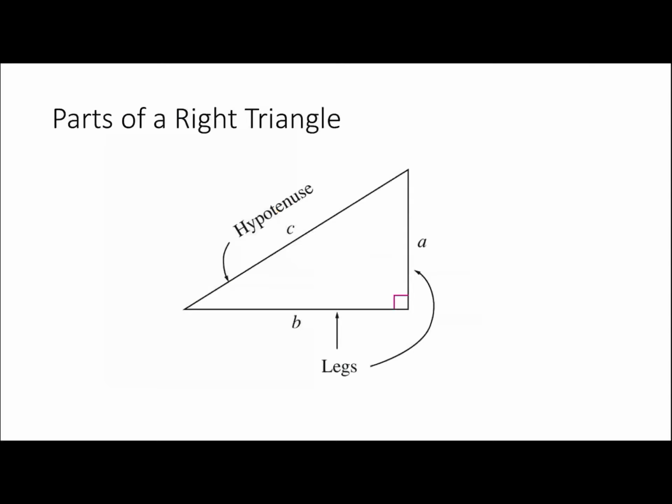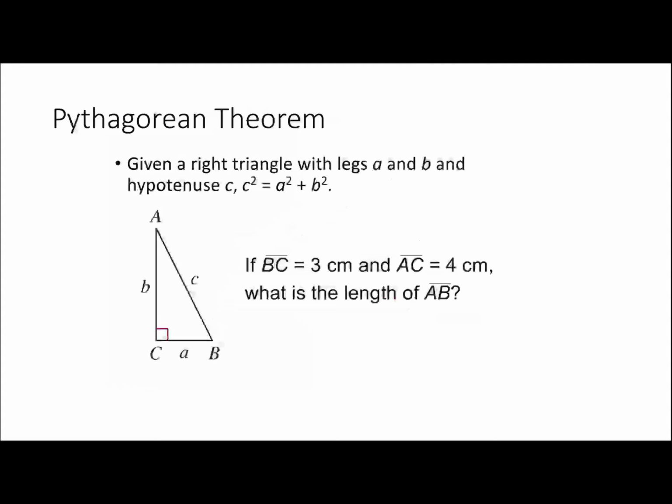As we talk about the Pythagorean theorem in a few minutes, we have A, B, and C, and again, C is the hypotenuse. Given a right triangle with legs A and B and hypotenuse C, C squared is equal to A squared plus B squared.